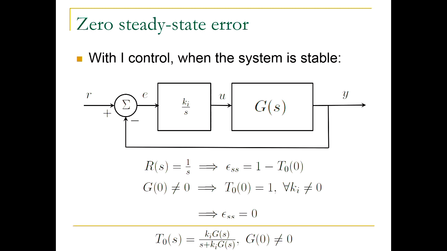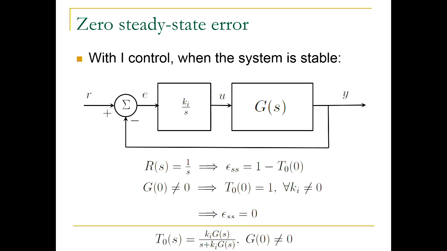Obviously, I'm also using here not just that G0 is not 0, but Ki times G0 is not 0, right? So Ki should also not be 0. But obviously, if I put Ki equal to 0, I basically cut out the loop. Now it's an open loop system. It doesn't make sense. I want to control the system with some non-zero Ki, right? So that's a very, very cool observation.